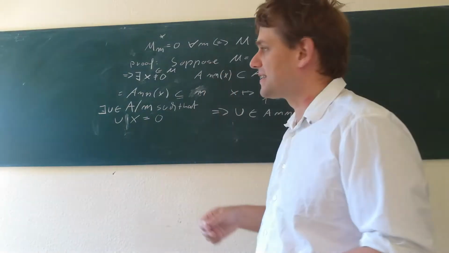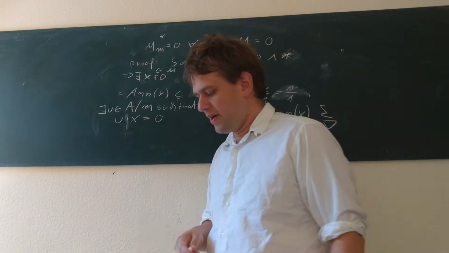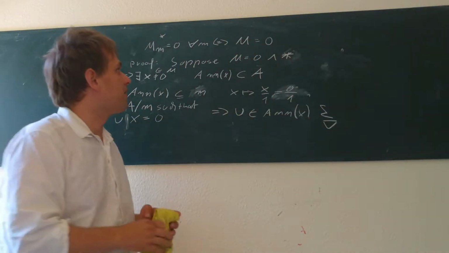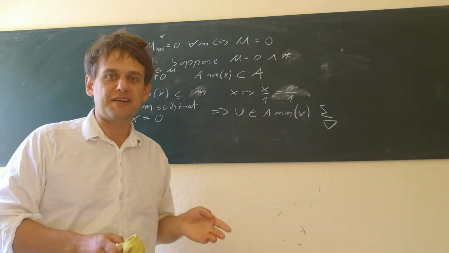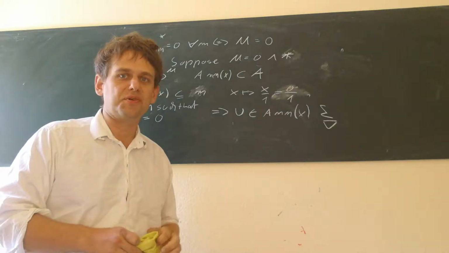And now for our example, this example is the following: M being 0. This is a local property, and this is what we are going to prove.